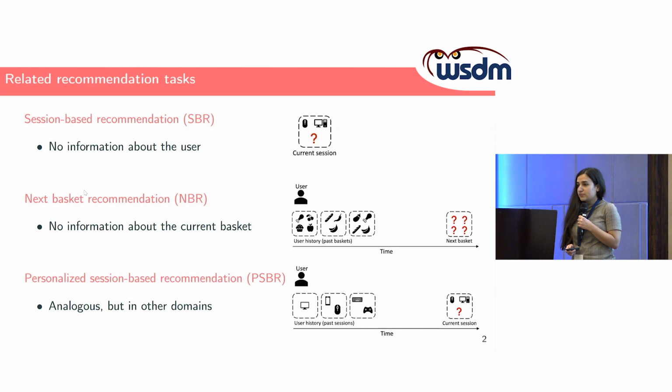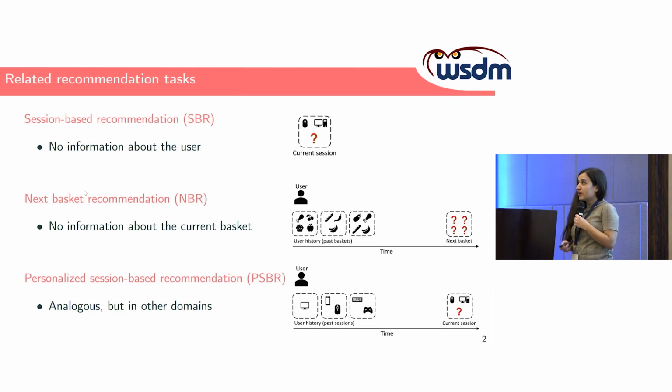There's also next basket recommendation, which is similar. The difference here is that we don't have any information about the user's current basket, so only the history is given, and the goal is to recommend a complete list of items for the next basket.